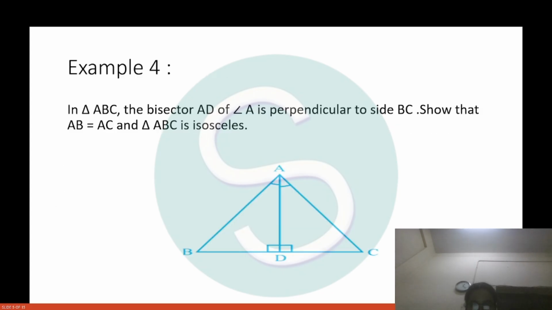Now we will move to an example. In triangle ABC, the bisector AD of angle A is perpendicular to side BC, and we have to show that AB equals AC, that is, triangle ABC is isosceles. In this triangle, what is given to us? AD is a bisector of angle A, so angle BAD and angle DAC are equal, and it is also given that this is a perpendicular.